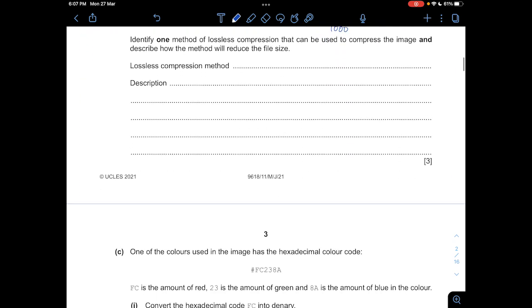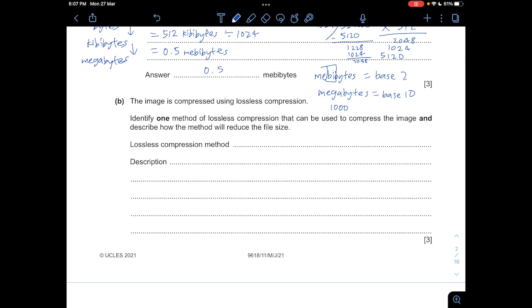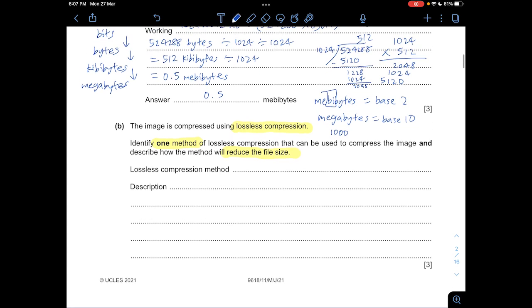Okay, so here, for B, the image is compressed using lossless compression. Identify one method of lossless compression that can be used to compress the image. So here the main point would be lossless compression, and one method of lossless compression, and describe how it will reduce the file size. Common lossless compression methods would be Huffman encoding or run length encoding.